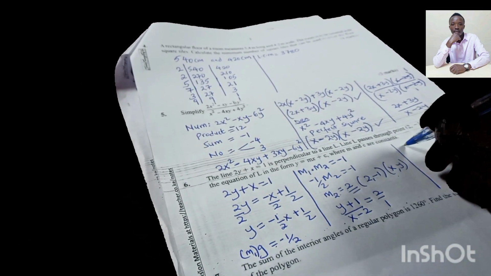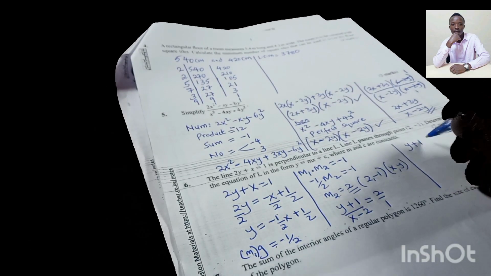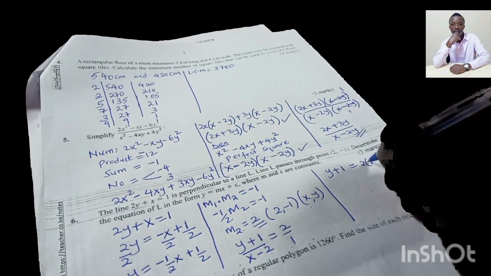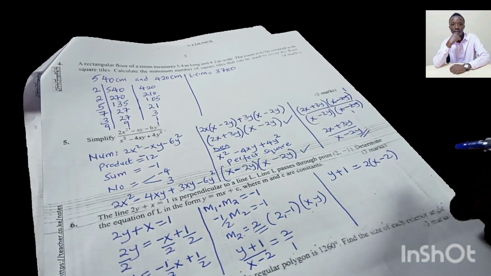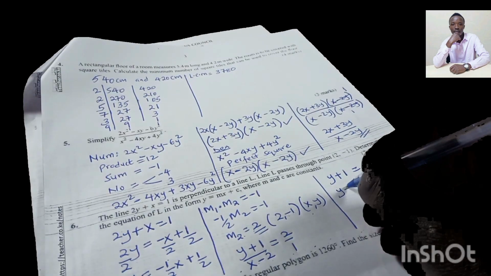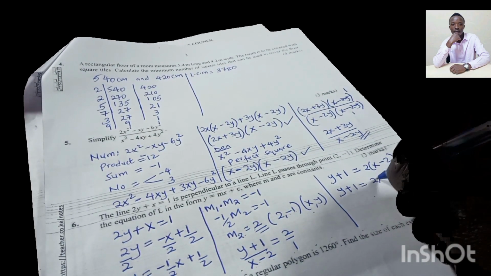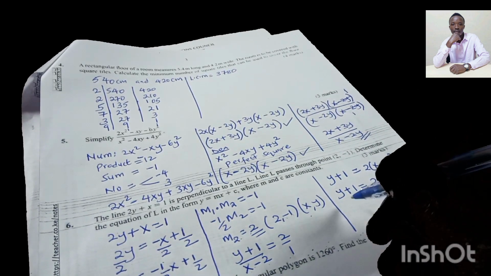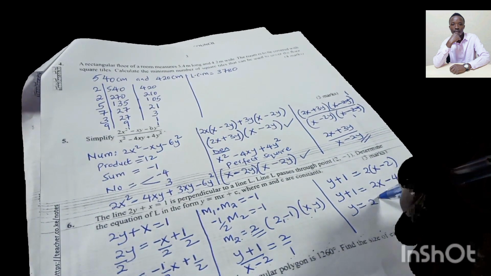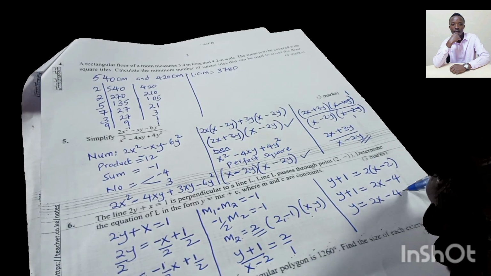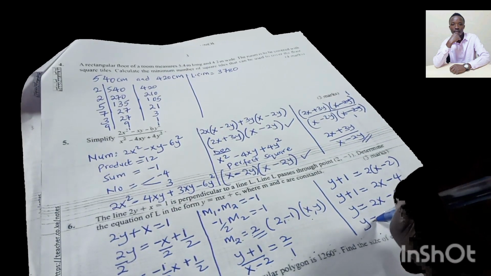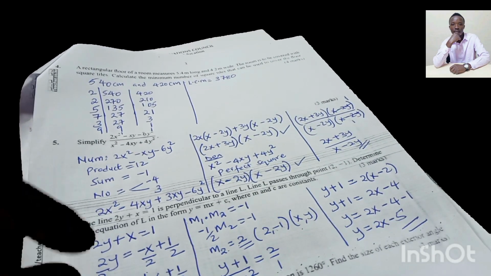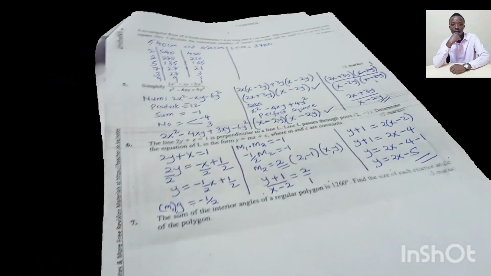When we cross multiply, we get y plus 1 is equal to 2 into bracket x minus 2, and that will give us y plus 1 is equal to 2x minus 4. By having that, we are going to have y is equal to 2x minus 4 minus 1, and y will be equal to 2x minus 5. So that is the equation of that line. By doing that, we are done.